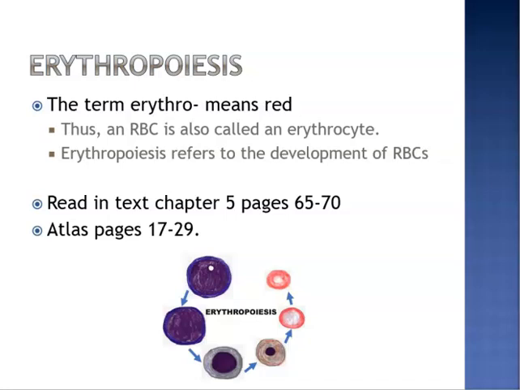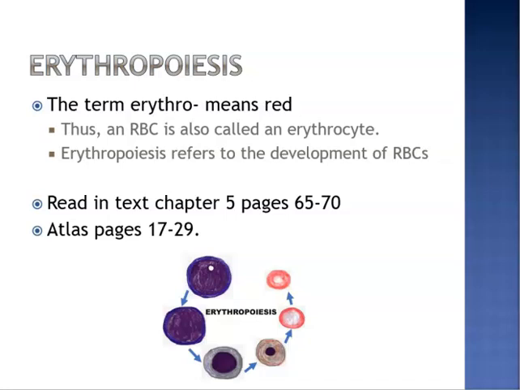Now we need to discuss and learn what erythropoiesis is. The term erythro means red, and we learned earlier in the first lecture that the red blood cells are also referred to as erythrocytes. So erythropoiesis refers to the development of red blood cells.